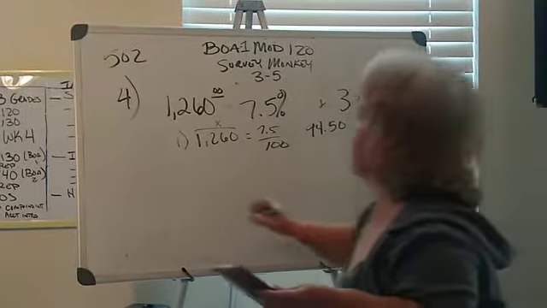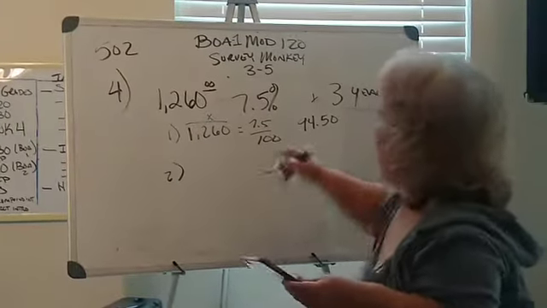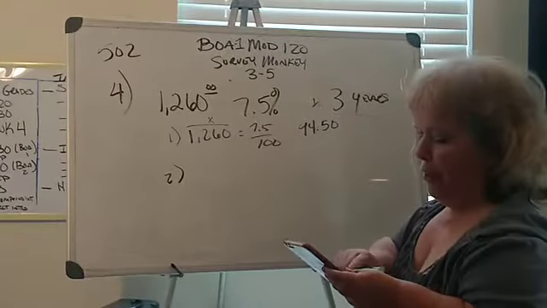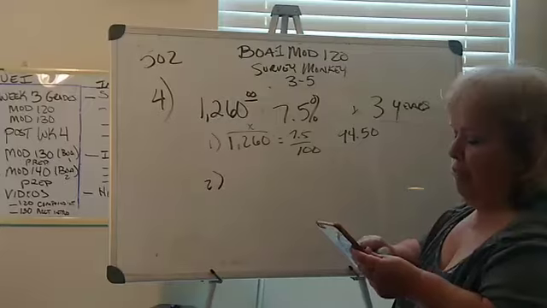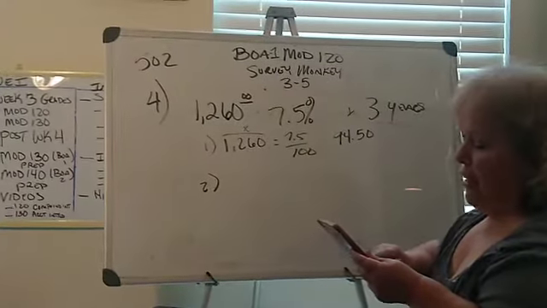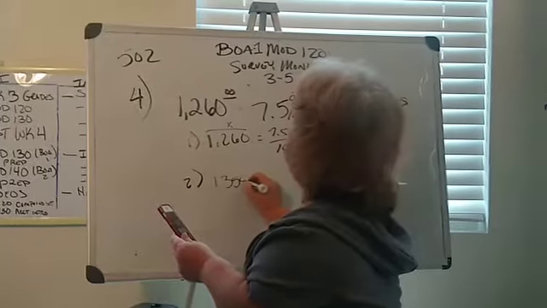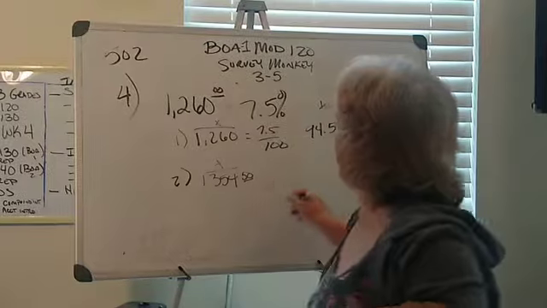Now for year 2, we have to add that $1,260 plus that $94.50 equals $1,354.50.